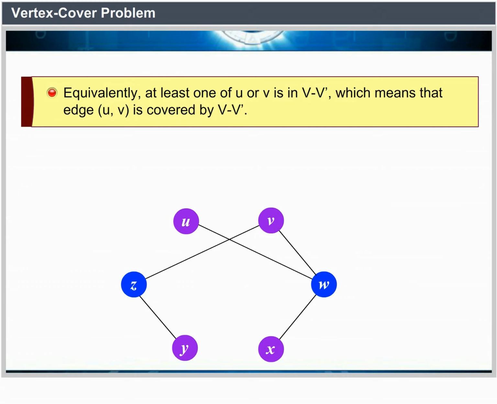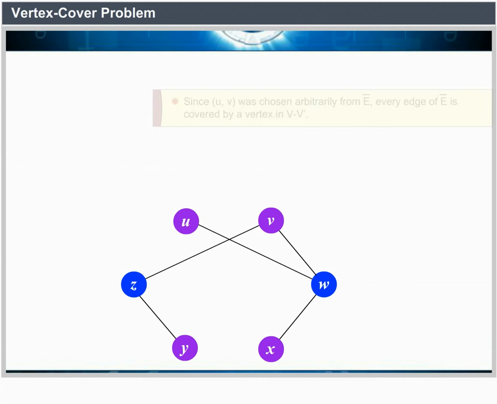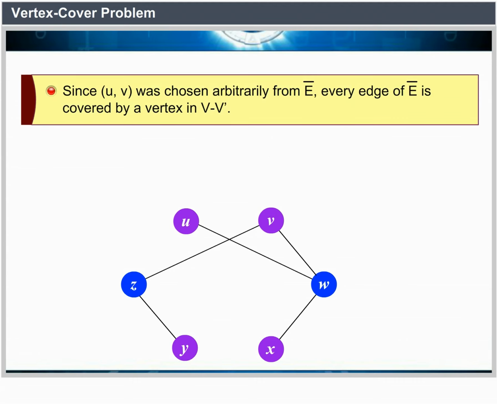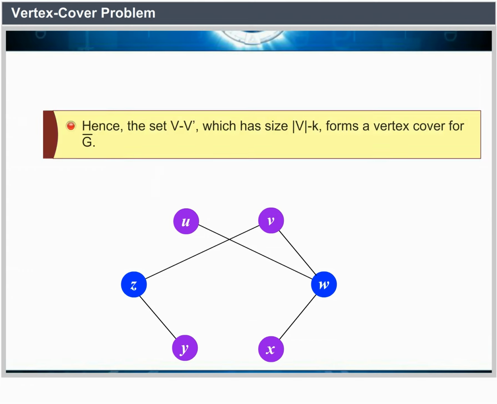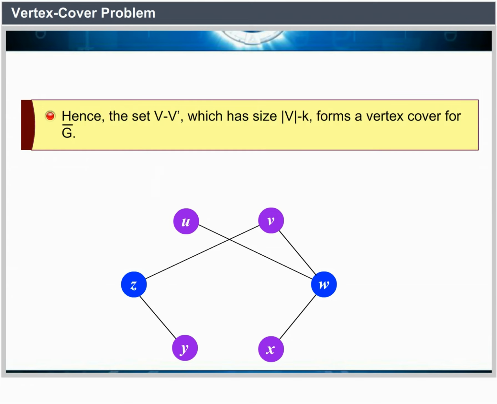Since (u, v) was chosen arbitrarily from E bar, every edge of E bar is covered by a vertex in V - V'. Hence, the set V - V', which has size |V| - K, forms a vertex cover for G bar.